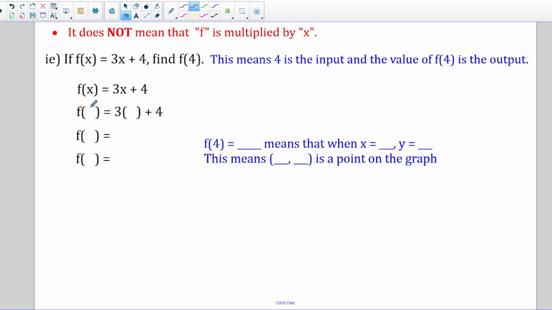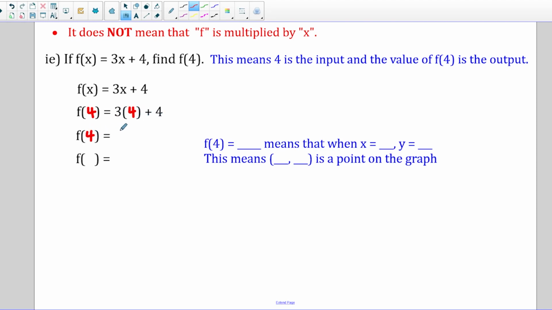So let's check it out. f of x is equal to 3x plus 4 is our function. Instead of having an x here, we're going to replace the x with a 4. So what happens if I put a 4 into this function? Well, we have 3 times 4 plus 4.